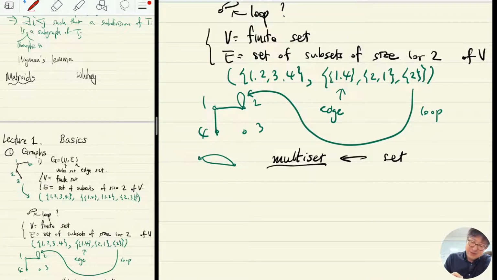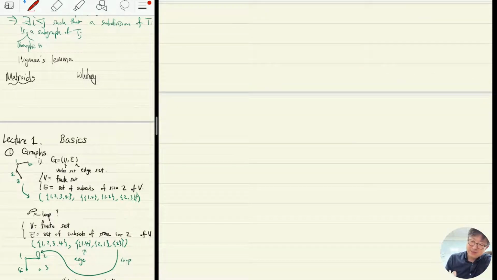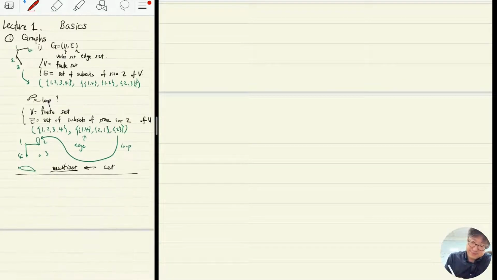All right, so here's the real definition of a graph for this course. Let me go to the next page. So what is a graph?